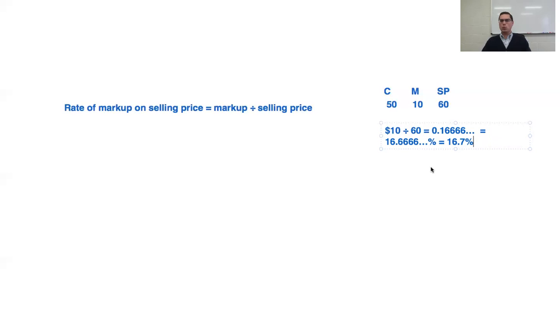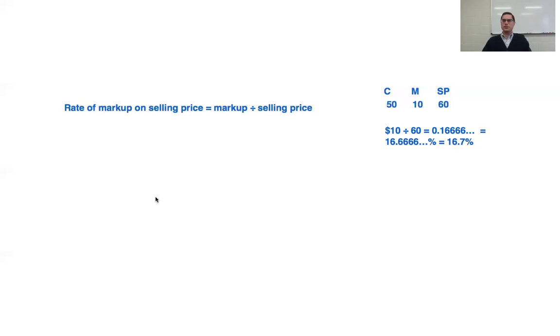So 16.7% is the rate of markup on the selling price. In other words, the markup, 10, is 16.7% of the selling price.